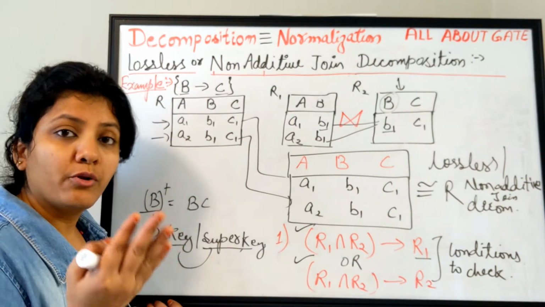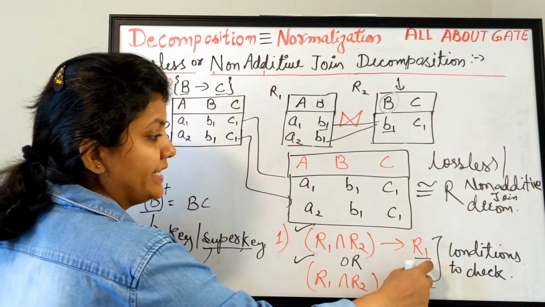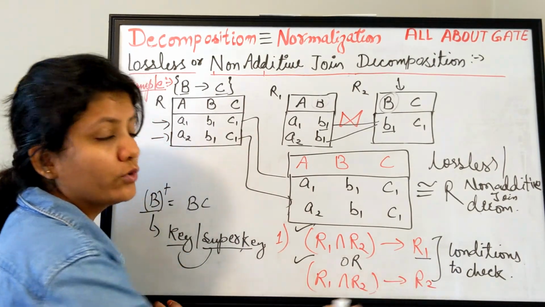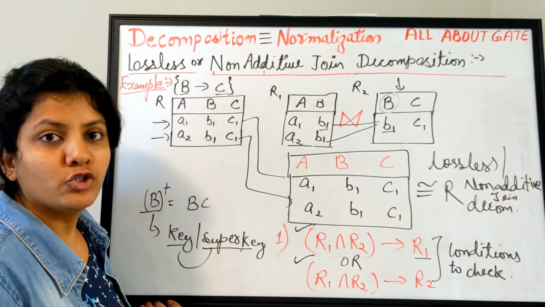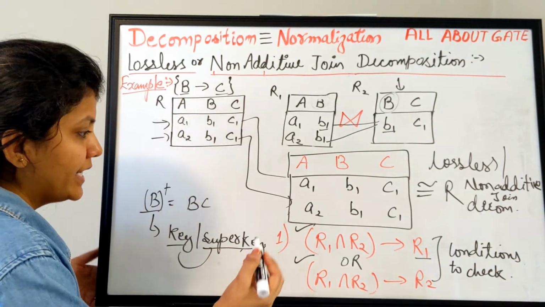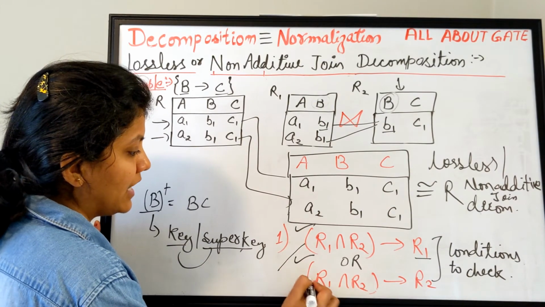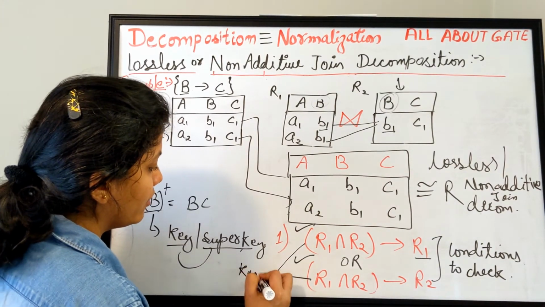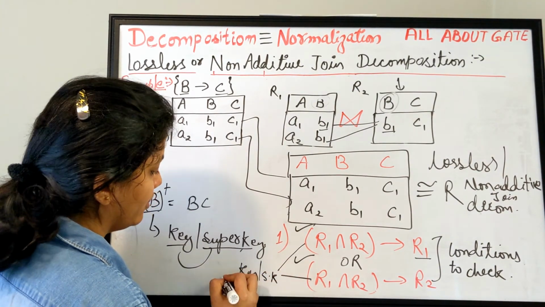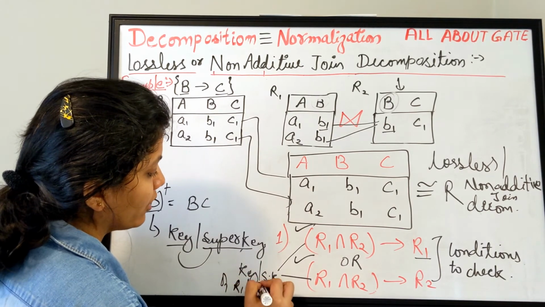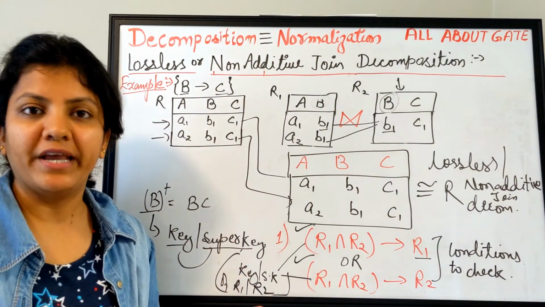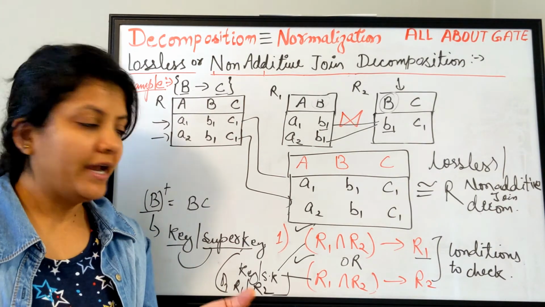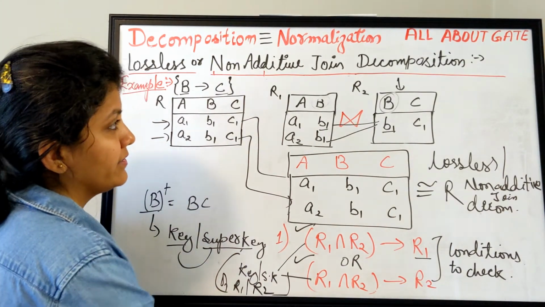If you find that it is equal to either R1 or R2, you say that it is very much a lossless join. So it simply says that R1 intersection R2 should be a key or super key of either R1 or R2. Same thing. I can say it in multiple ways, but the meaning is the same.